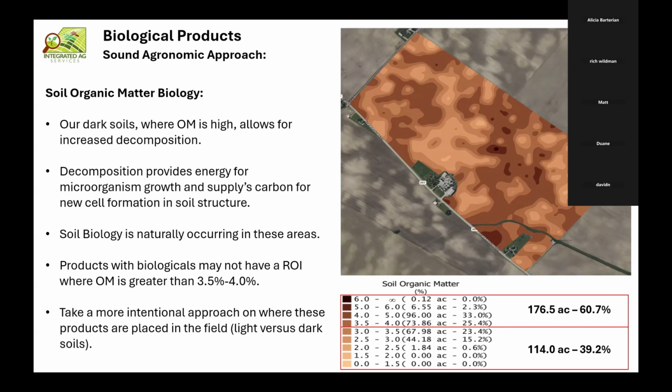What I'm asking in this particular field is, at $4.26 an acre for the biological micro package, I've got 40% of that field that has to subsidize the rest of it. I didn't run the numbers, but I would expect to see it on less than half of the field.